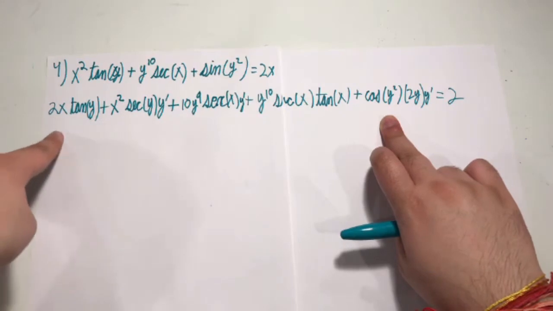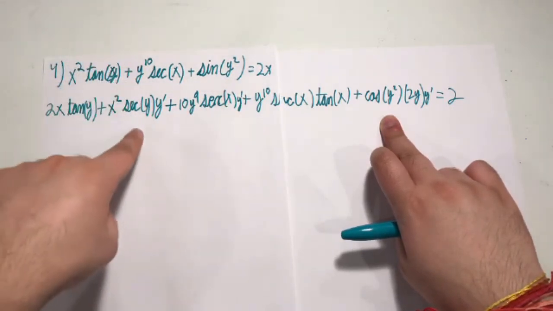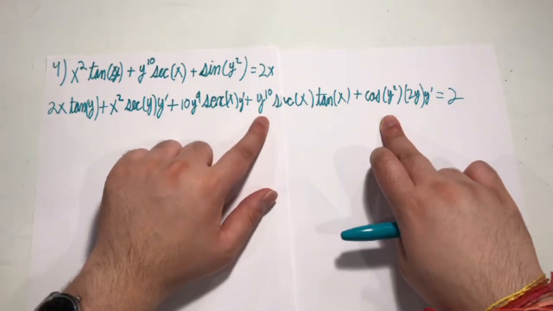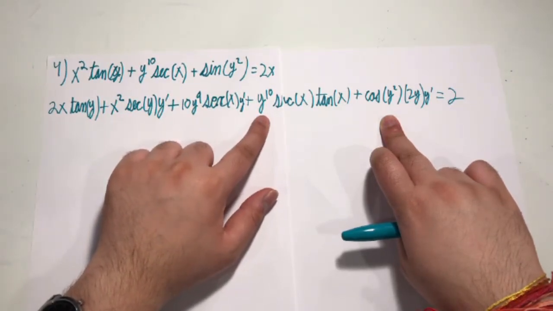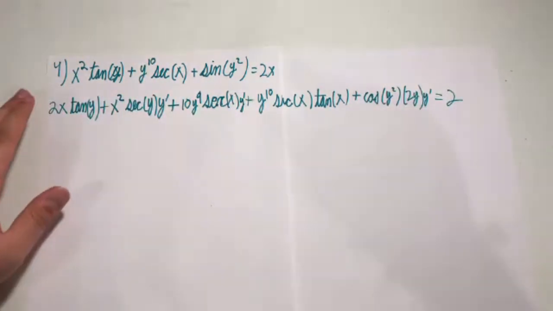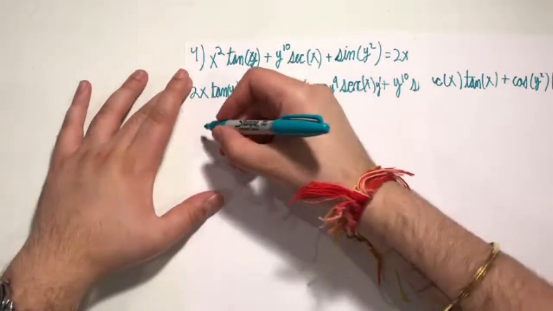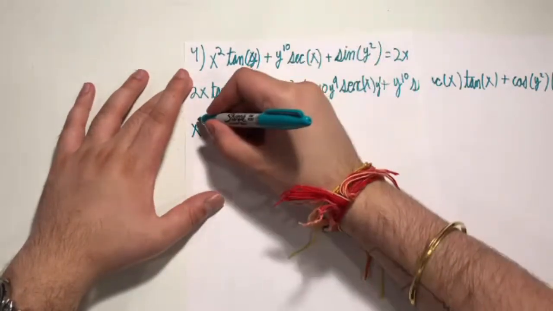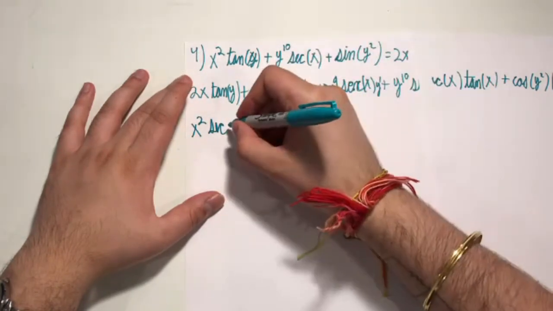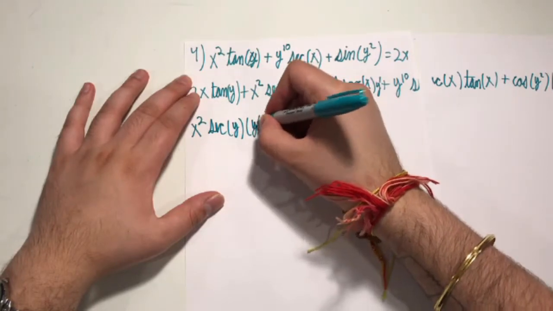So what I'm going to do is subtract 2x tangent y, subtract y to the 10th secant x tangent x. Yeah, that'll be good. So then what I'm left with is x squared secant y times y prime.